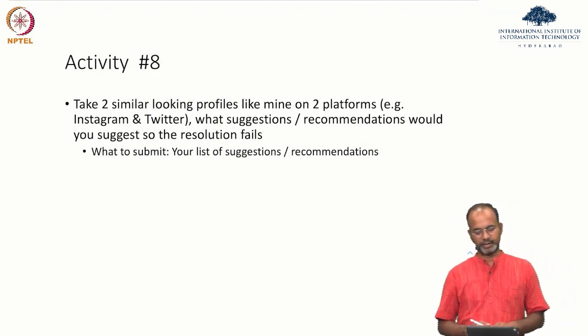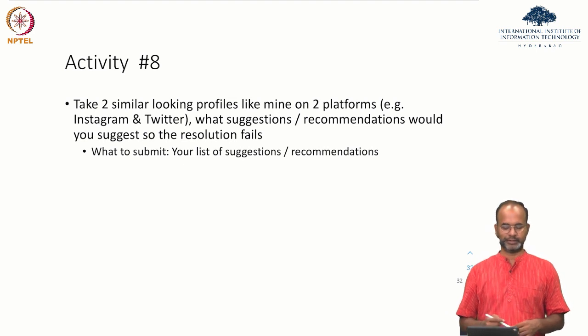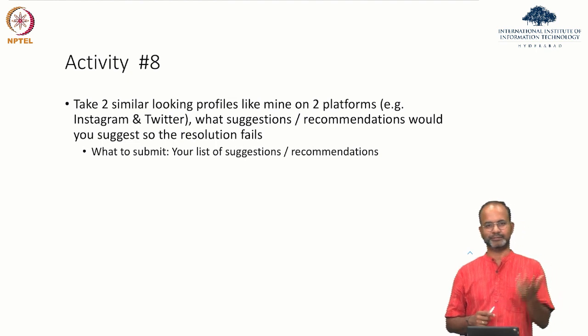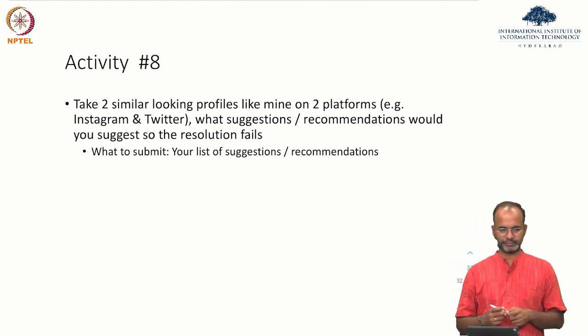Here is my activity for this week. One part of the activity for this week. Take two similar looking profiles like mine on platforms. Example, Insta, Twitter, LinkedIn, Facebook, all of that. Don't take mine. Please take somebody else's.